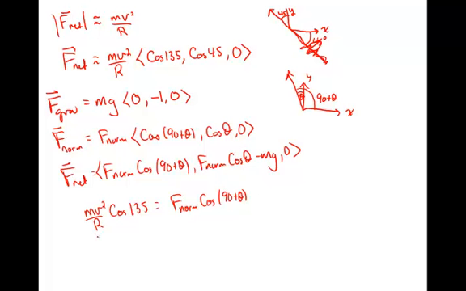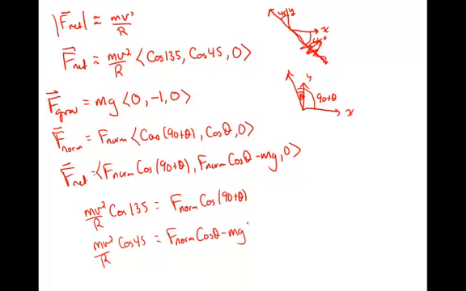The y components give me mv squared over r cos 45 is equal to f norm cos theta minus mg. One thing that I know is that the cosine of 90 plus theta will give me minus sine. So that's going to allow me to simplify things a little bit.